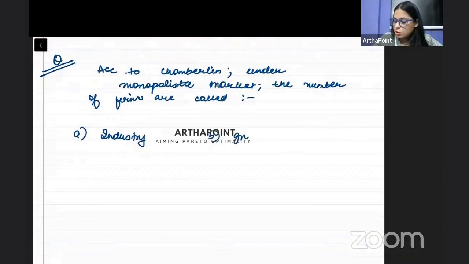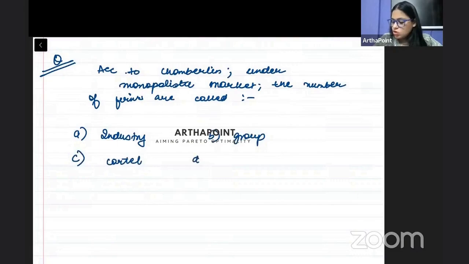Option number B, group. Option number C, cartel. Option number D, industrial group.